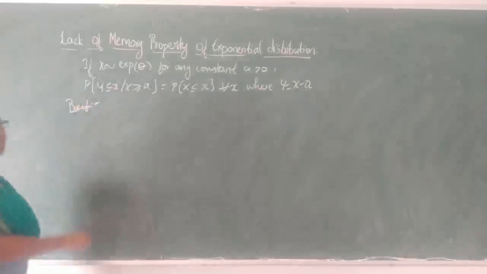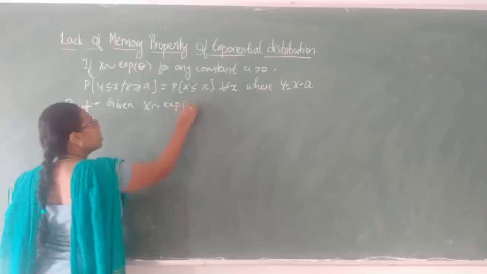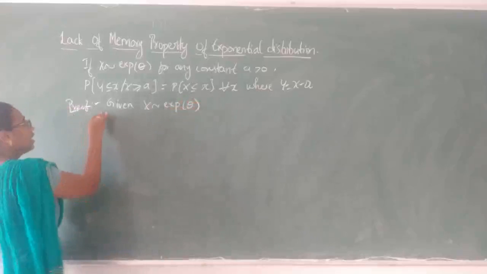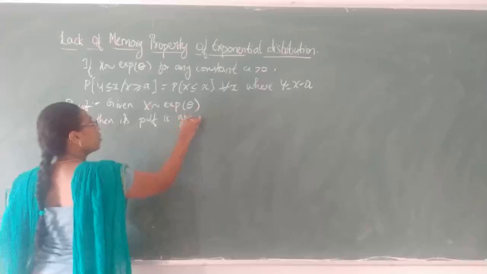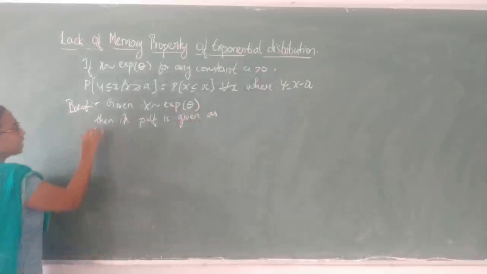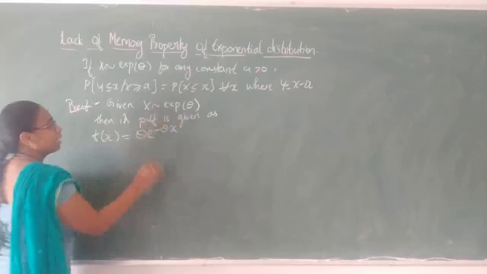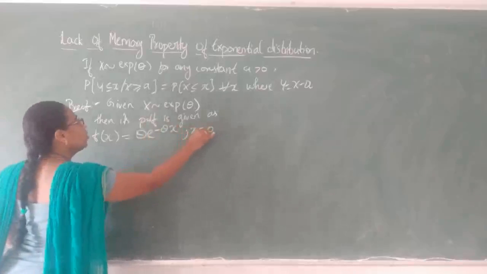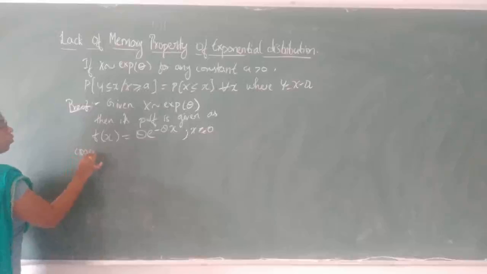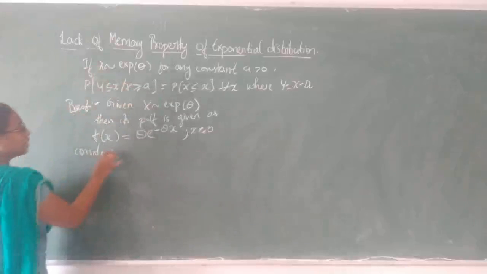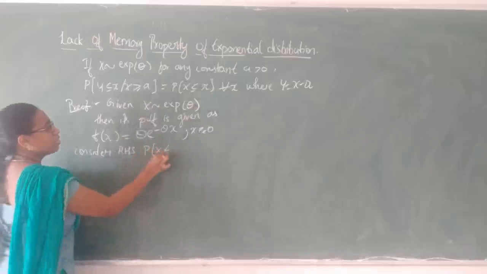Coming to the proof, it is given that x follows the exponential distribution with the parameter theta, then its PDF is f of x equals theta into e power minus theta x for x greater than or equal to 0. Now consider the RHS, probability of x less than or equal to x.